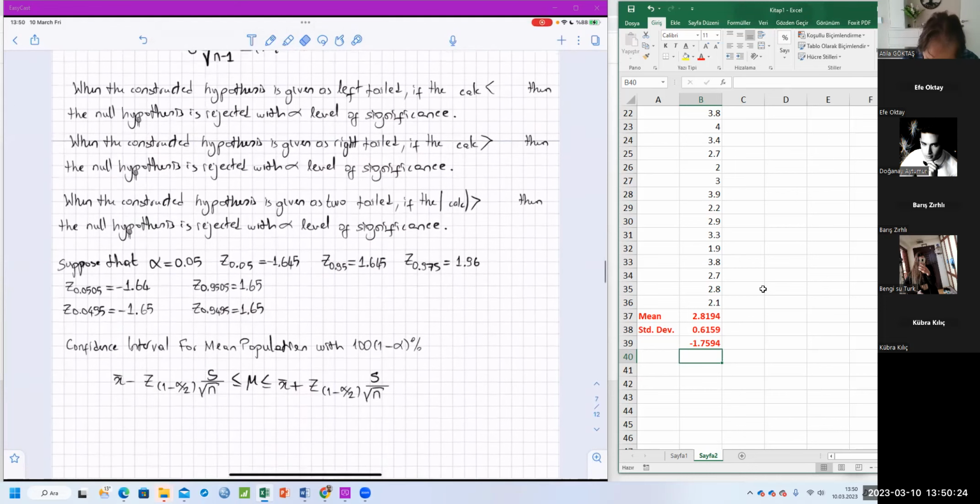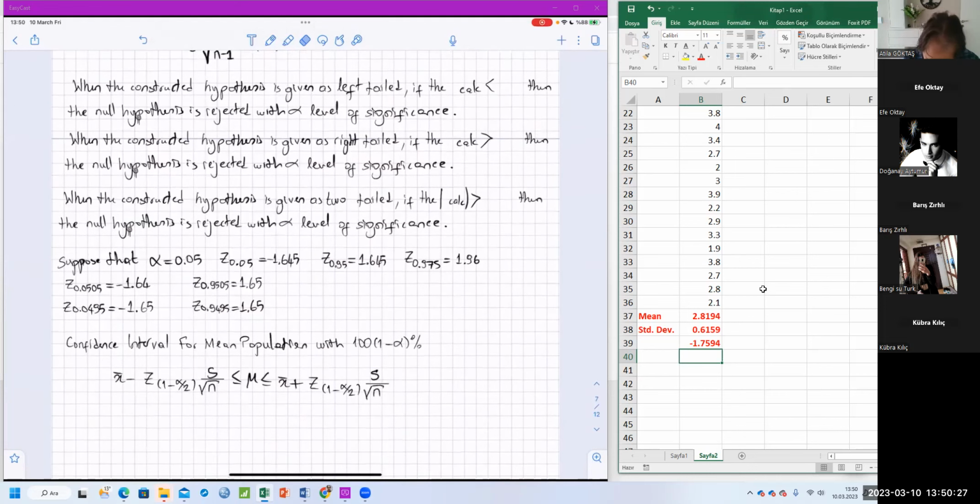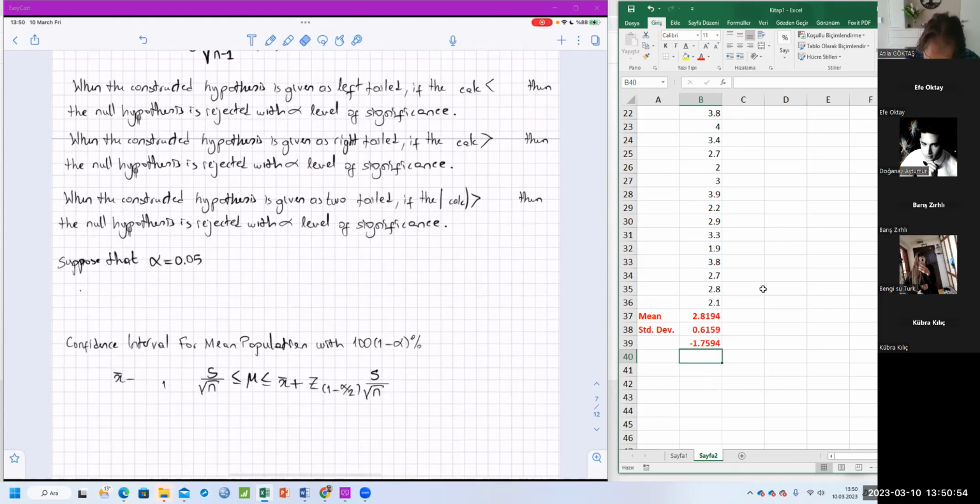Of course, I'm not using this here. I'll delete all the stuff here. Okay, this is also T. This is T also.